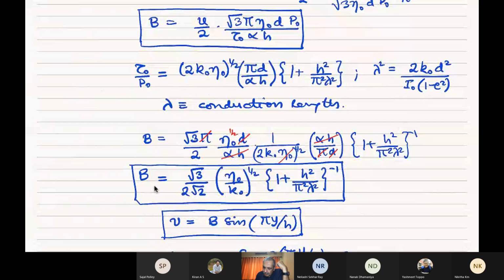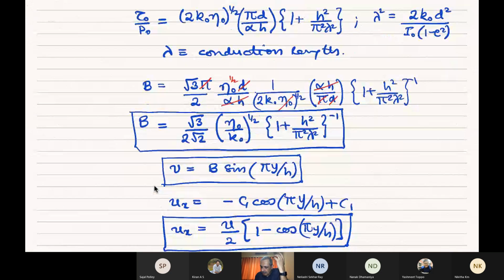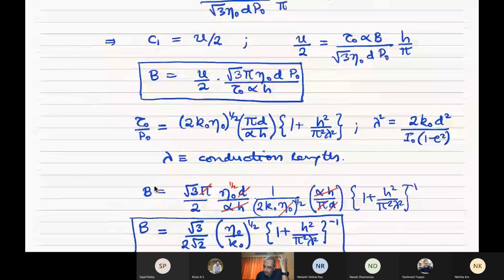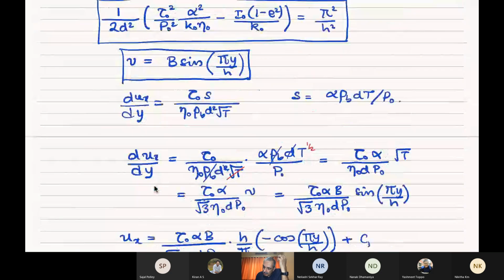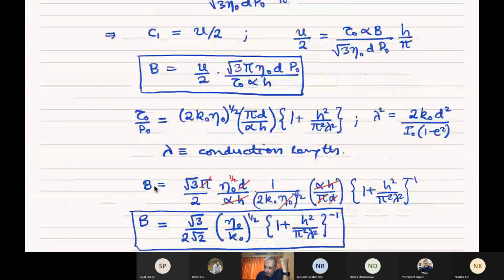Tau 0 by P0. So given any pressure in the system P0, I can get what is tau 0. And finally, of course, if we know what is P0, then we can also get how the spacing varies because we know what is temperature. So we can get an expression for spacing as a function of y.